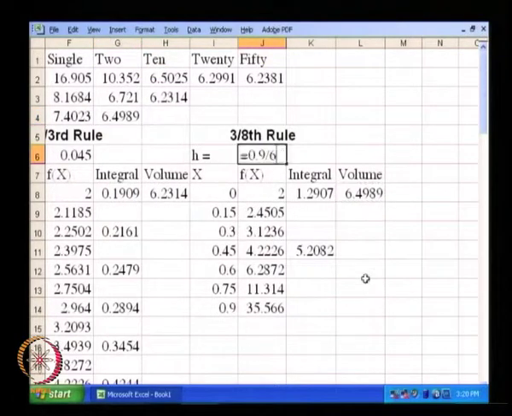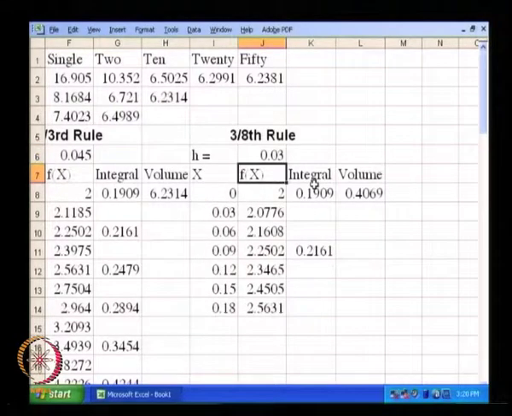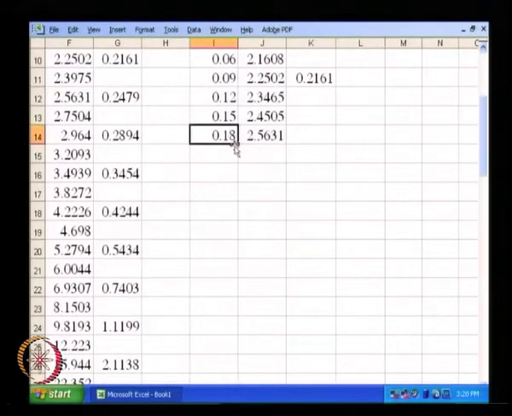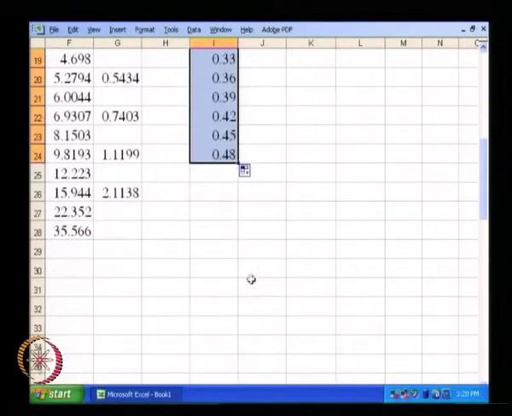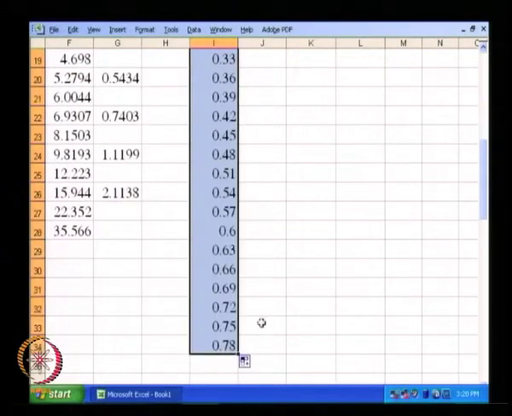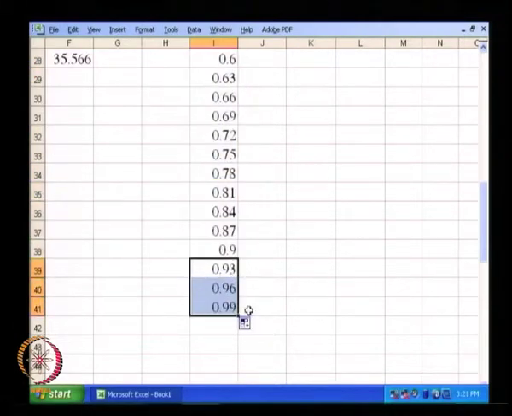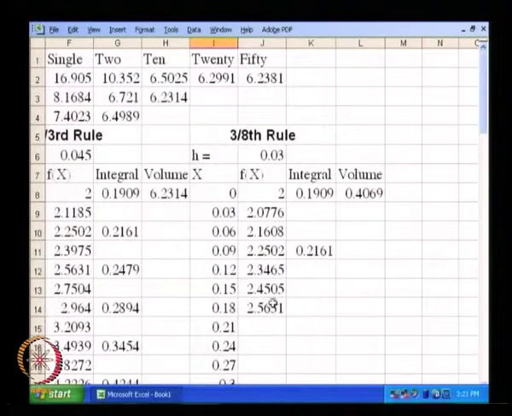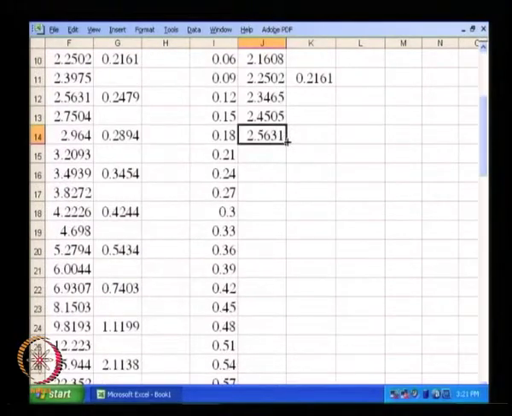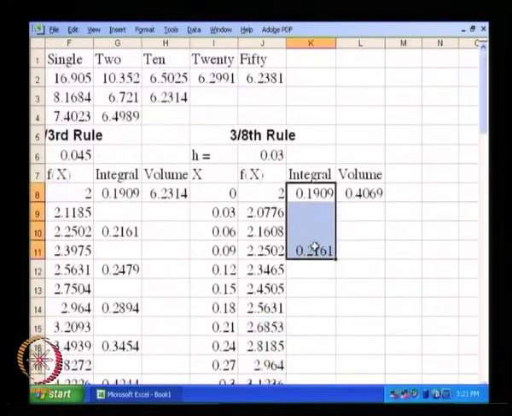Okay, and for 10 applications of Simpson's 3/8 rule, we just have to use h equal to 0.03. And just drag this and then copy.